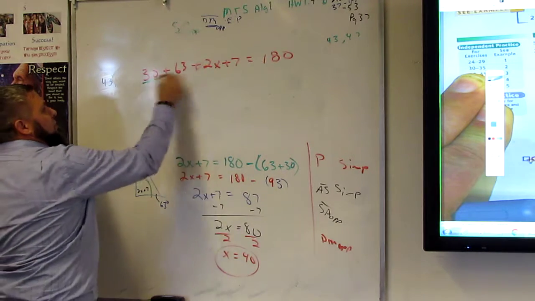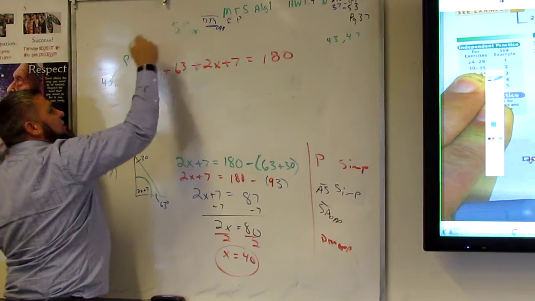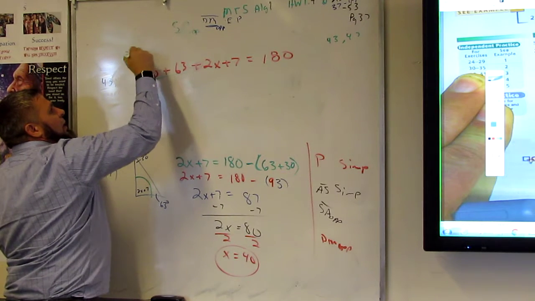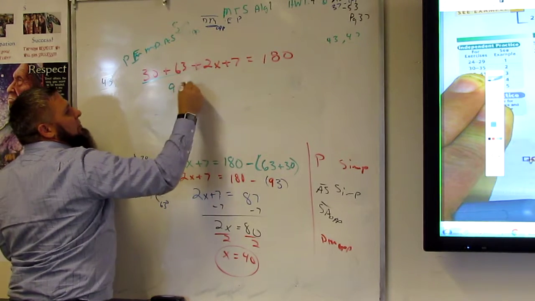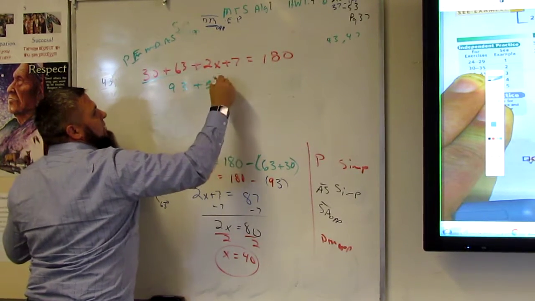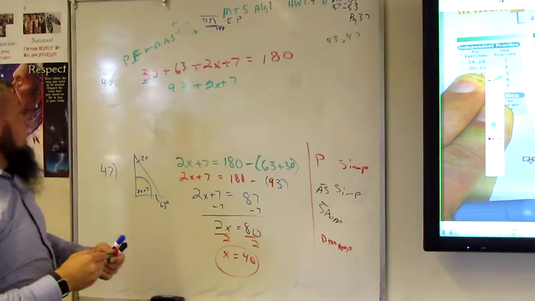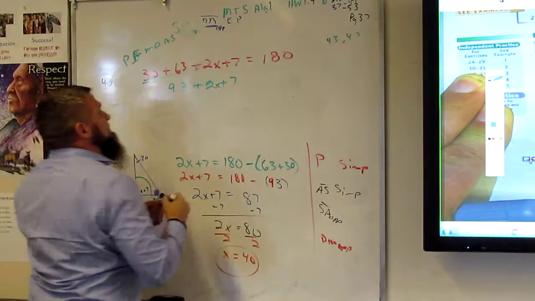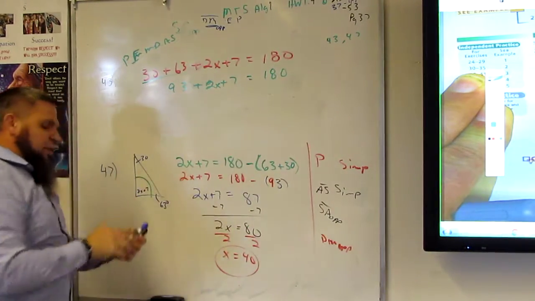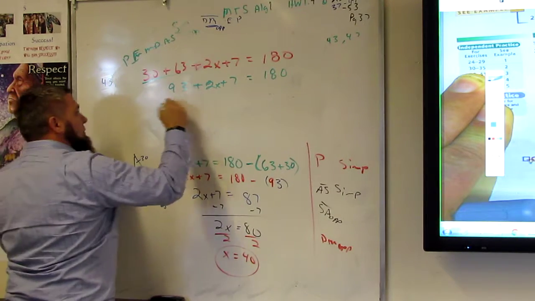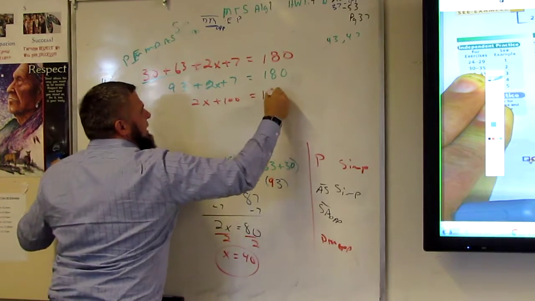You would add these up. This is PEMDAS, parentheses, there are none. Multiplication, division, there is none. Exponents, none. Addition, subtraction. So I got 93 again, plus 2x plus 7. Now I can take the 93 and the 7, and they give me 100.